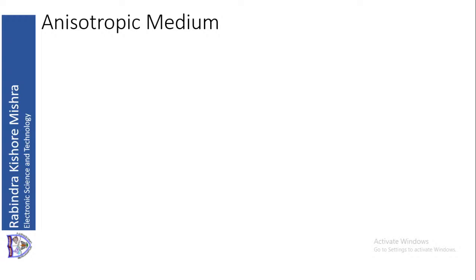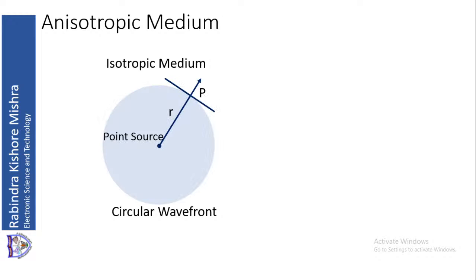Now let us start with an isotropic medium. In the isotropic medium, as I told you, the wavefront is circular. So in the pictorial form, let us look at this. A circular wavefront will be there. If I have a point source, at a distance r from the point source, everywhere on a circle or on a sphere surrounding the point, where the point is at the center, the phase is constant.